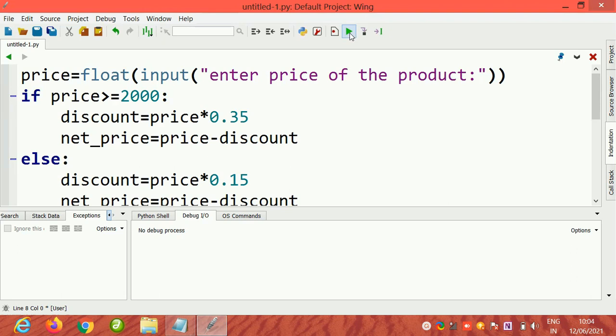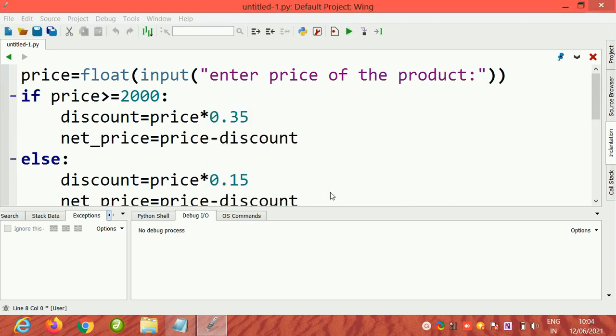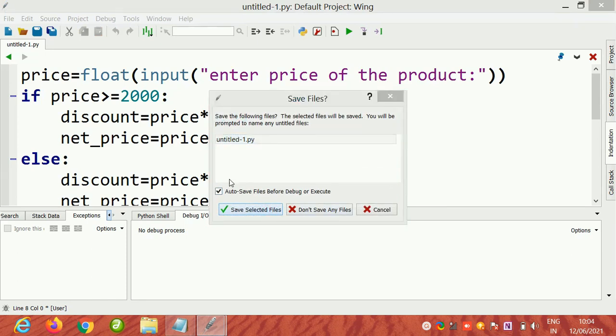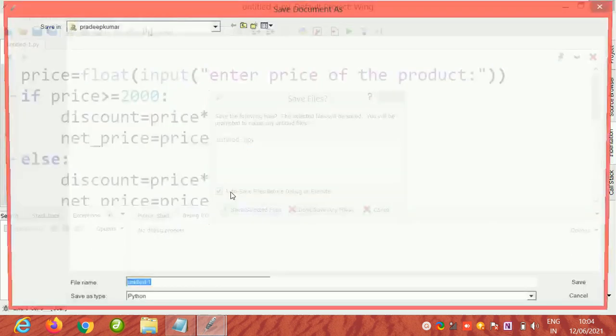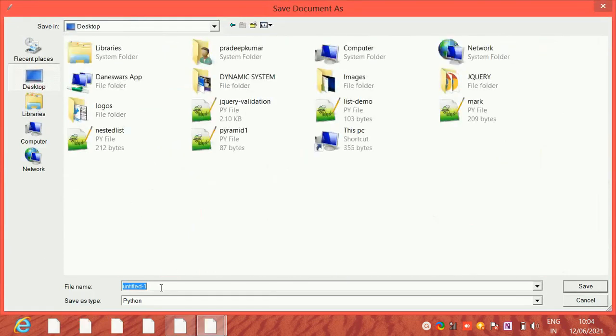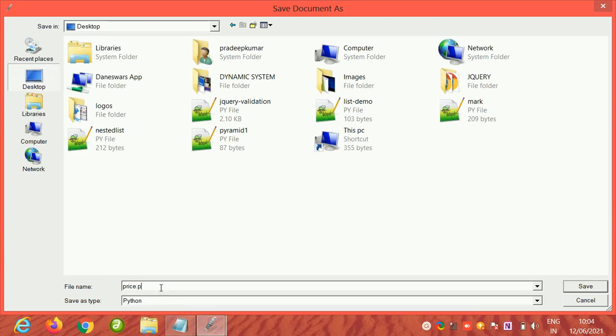Let's run this code. First save this file, suppose price.py.